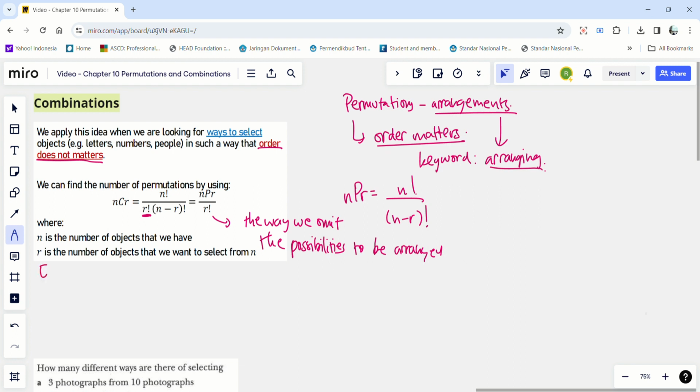So just simple examples of the formulas: for example, 5C2 will be 5 factorial over 2 factorial times 5 minus 2 factorial, which equals 5 factorial over 2 factorial 3 factorial. I don't know whether you can notice this easily or not, but hopefully you did. But then if you try 5C3, the interesting part is that you will end up with exactly the same result.